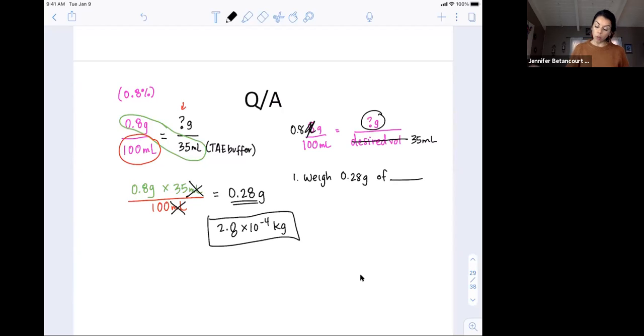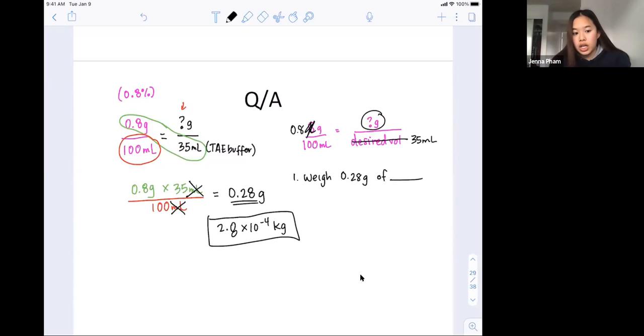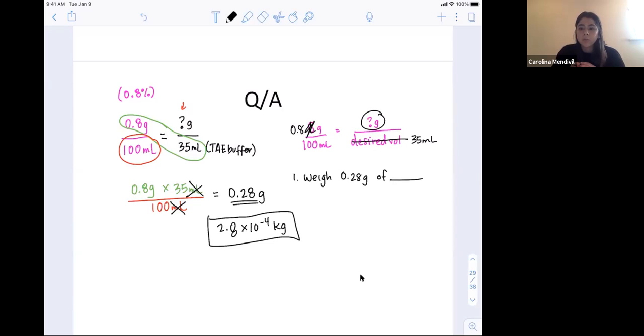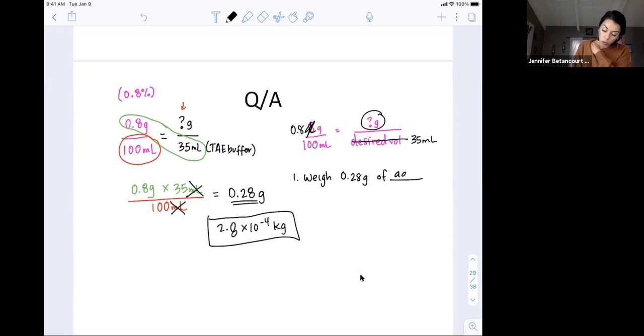So what are we weighing 0.28 grams of? TAE buffer. So buffer is a liquid. Can you weigh grams of liquid? The agarose. Yep. So 0.28 grams of the solid, because solids can be weighed on a scale.